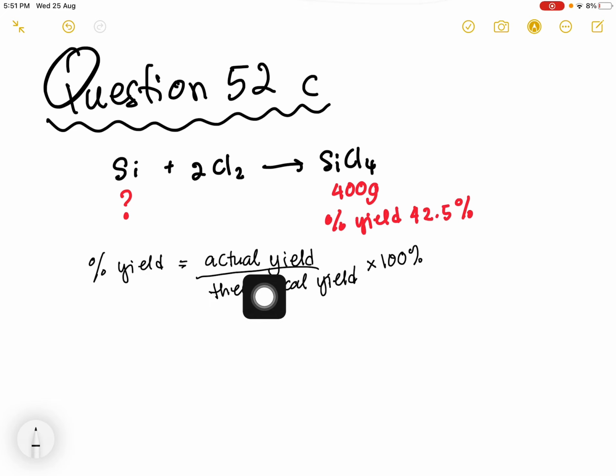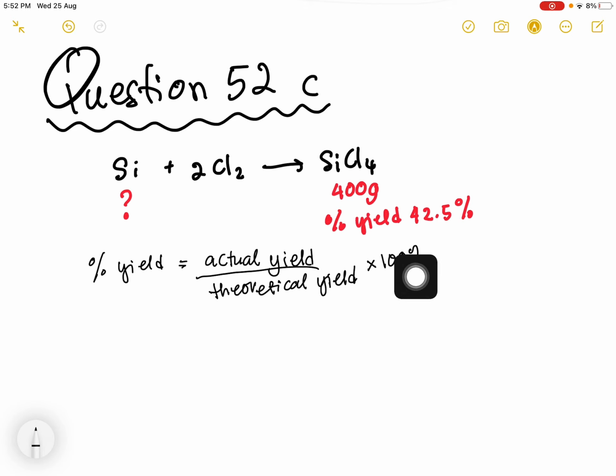We have the actual mass 400 gram, then we can determine the theoretical yield. After we determine the theoretical yield mass, we can find the theoretical mole of silicon tetrachloride. So we can determine the mole of silicon that we need to start. Okay, so that is the planning.